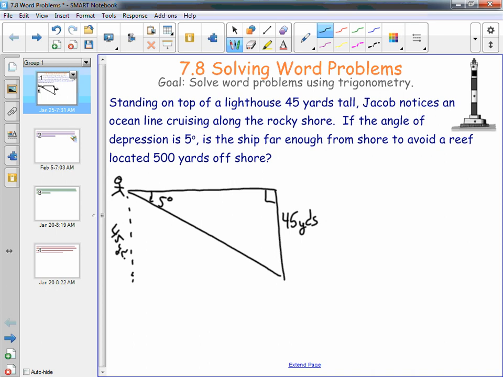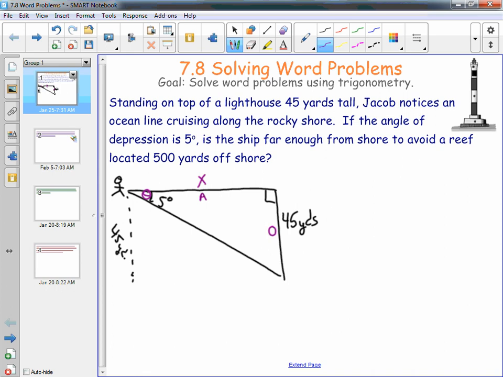Now the question is, we're talking about the ship being away from the shore. In this case, we are looking at the horizontal here. From our angle of 5 degrees, there's where theta is. So we are going to label it: the 45 is the opposite, and the unknown distance, x, is the adjacent.